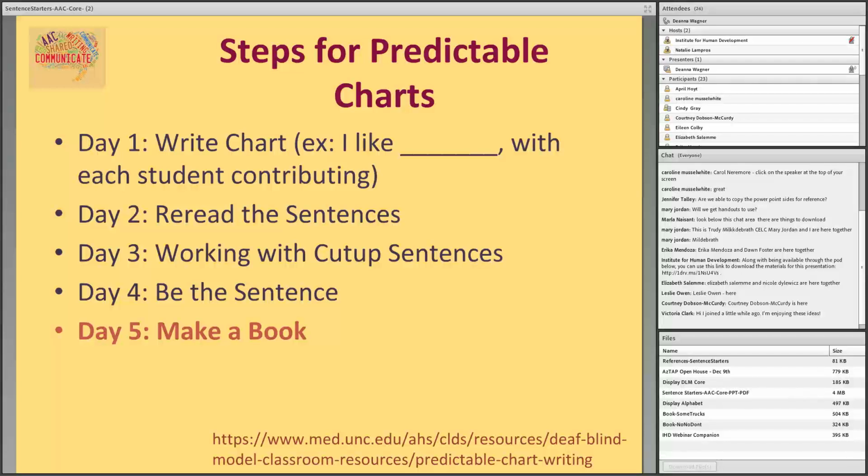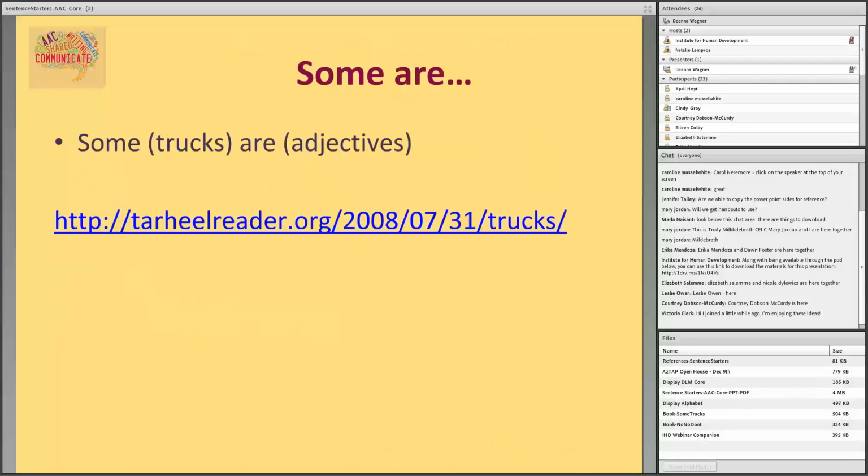Looking at some of the books, we can think about ways that the book can be a paper book that we laminate. We can also make the book electronic. So here's an example on this website called Tar Heel Reader, and it's really easy to add books to Tar Heel Reader.